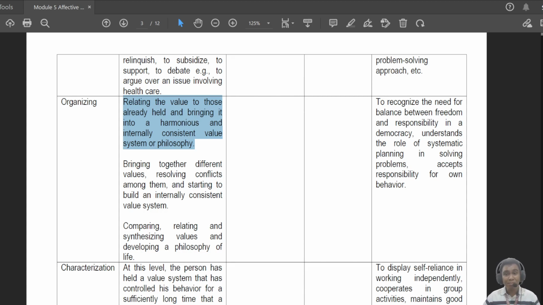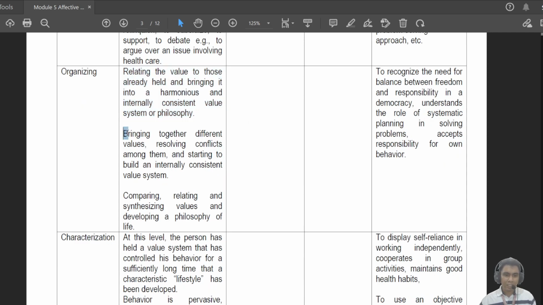Dito papasok yung concept of constructivism. Okay? Now, wherein you can have assimilation, accommodation, or equilibration. Okay? Kung hindi nyo po maalala, this is according to the theory of Jean Piaget as well, the cognitive development theory. Pasok din po iyon sa values pala. Okay? Bringing together different values, resolving conflicts, and building an internally consistent value system.